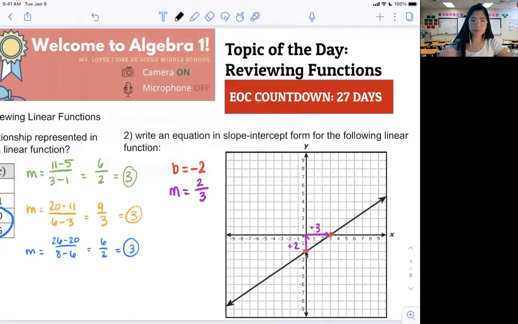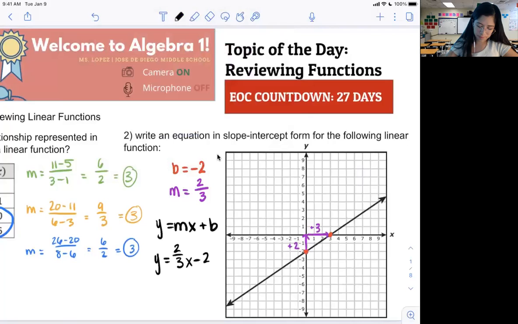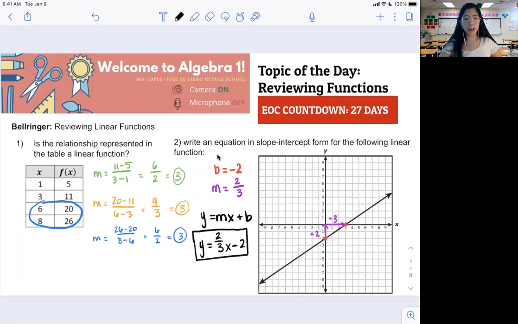And now I can put it all into y equals mx plus b form. So what would be my final equation? Good, y equals 2/3 x, and since the b is negative, we just write -2. You don't need to write plus -2. You can just make it a minus sign.